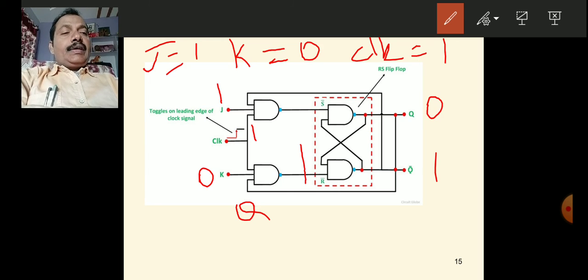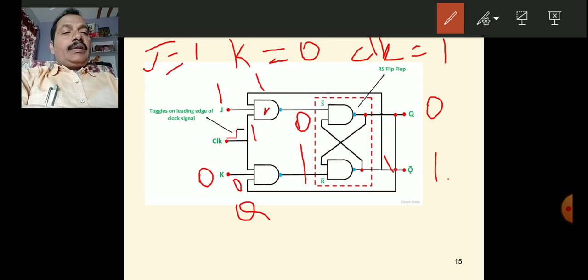Then in this case, the 0 is fed back here and this 1 is fed back to here. So this NAND gate inputs are 1 1, the output is 0.